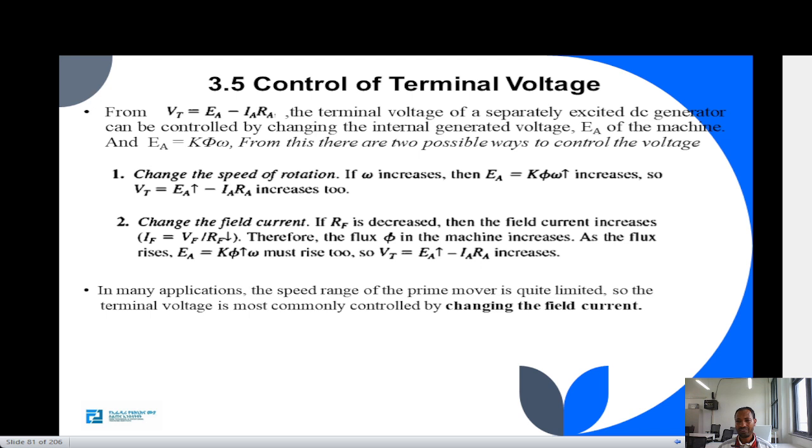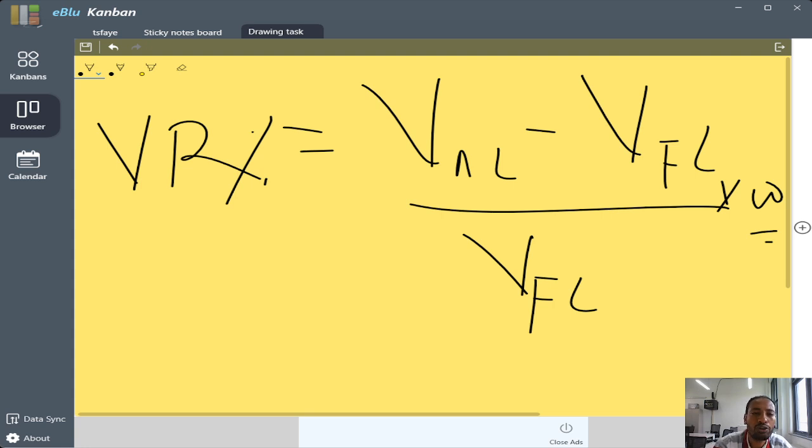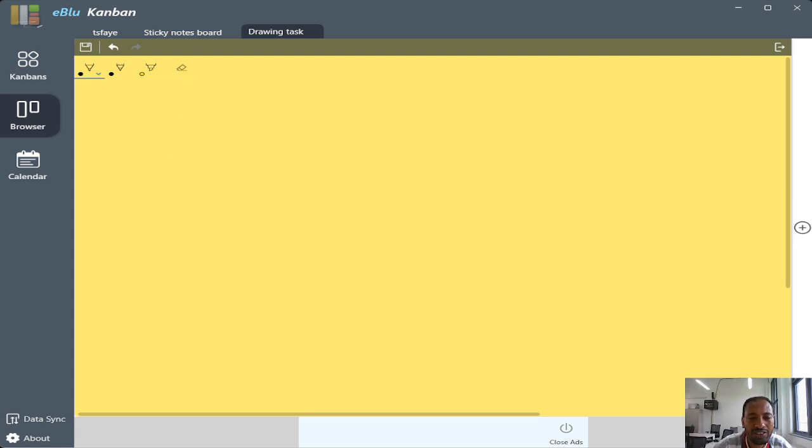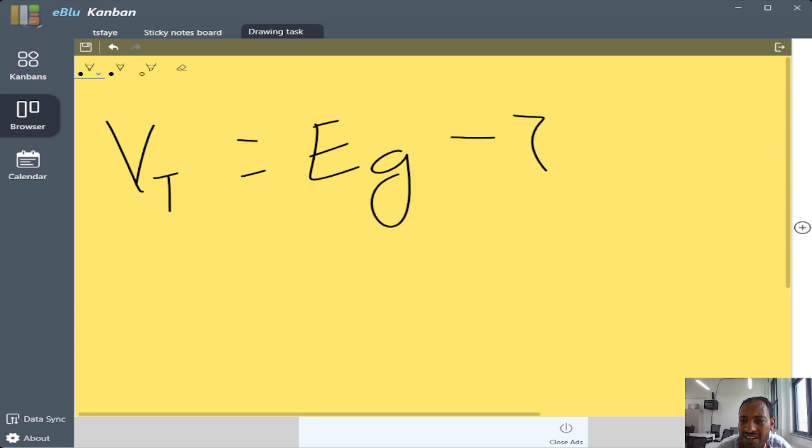What does this mean? Just from the equation itself, we can know the methods of controlling the terminal voltage of our generator. It says Vt equals Eg minus IaRa. Our intention is to control this.